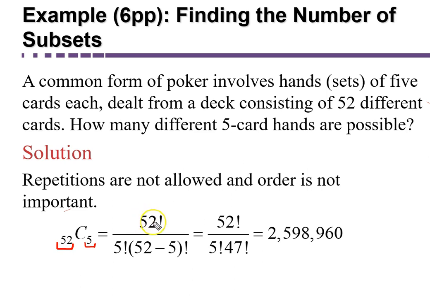So it ends up 52 factorial divided by 5 factorial, which is our r value, and then 52 minus 5 is 47 factorial. And we don't want to have to write out all of this. Putting this into your calculator, in fact, from this position, gives you 2,598,960 different possible hands from a deck of cards that has 52. Wow.